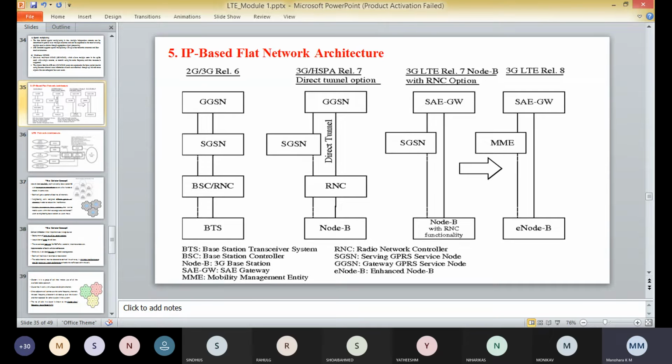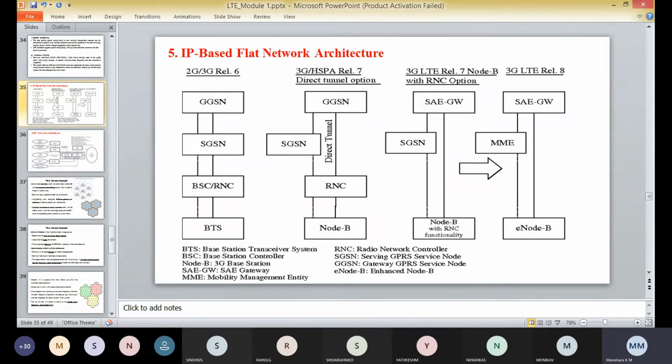Here 3GPP release 6 architecture is conceptually very similar to its predecessors. It has 4 network elements in the data path.